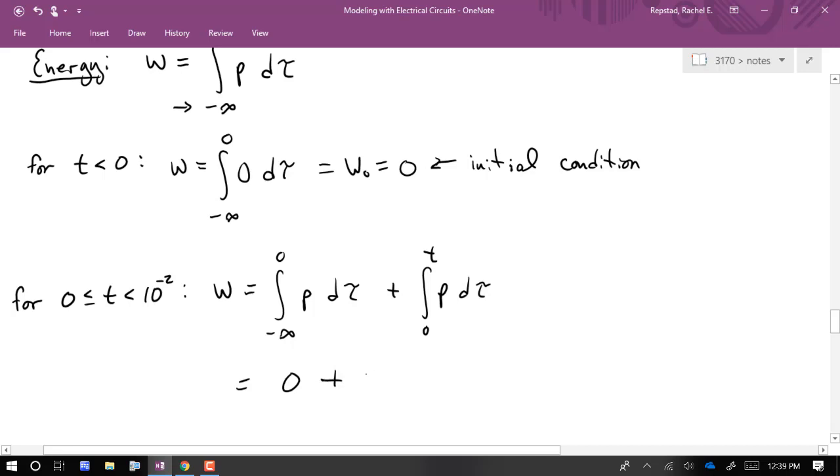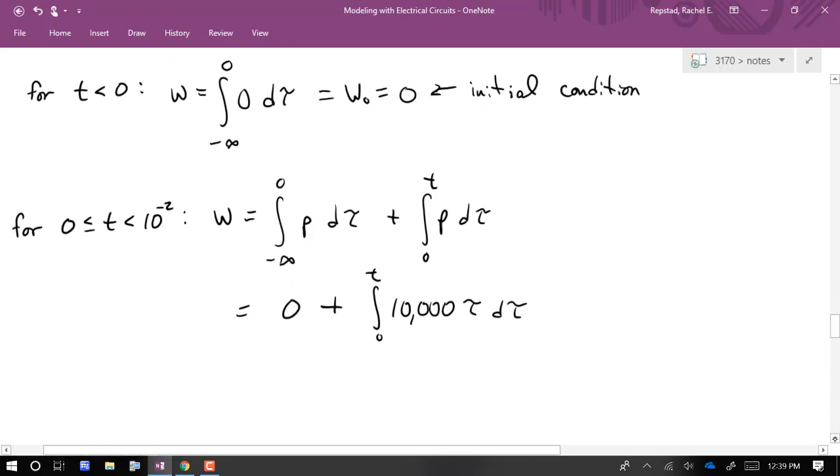And this next one, we're going to integrate from 0 to t. That function on this interval is 10,000 as a function of tau now. I'm just putting in this dummy variable, 10,000 tau d tau. We'll see how this will still give us a function of t in the end. When we integrate 10,000 tau d tau, it's just the power rule. We get 5,000 tau squared from 0 to t.